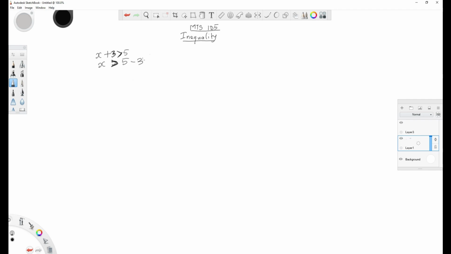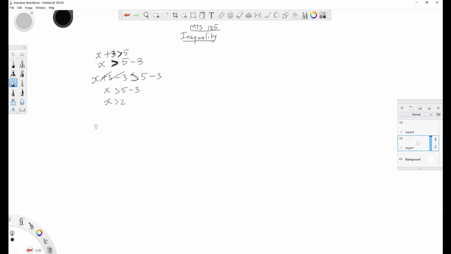5 minus 3. Now I am confident that this sign is not changing because I'm only subtracting 3 from both sides, isn't it? x plus 3 minus 3, 5 minus 3. So minus 3 is subtracting from both sides. So I'm sure that sign is not changing. x is greater than 2.